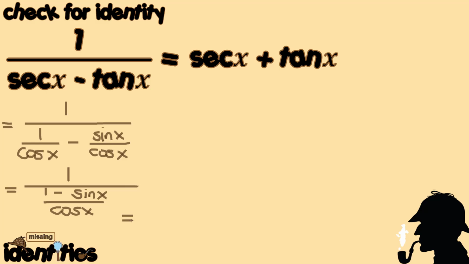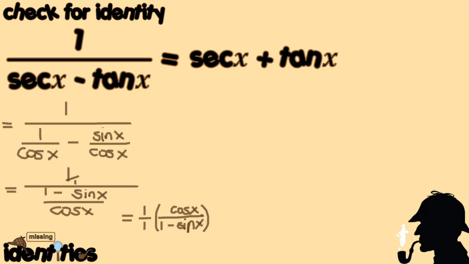Using the keep change flip method, we know this is 1 over the fraction. We retain or keep the numerator, change the operation to multiplication, and the denominator will be flipped. In short, you will have cosine x over 1 minus sine x.